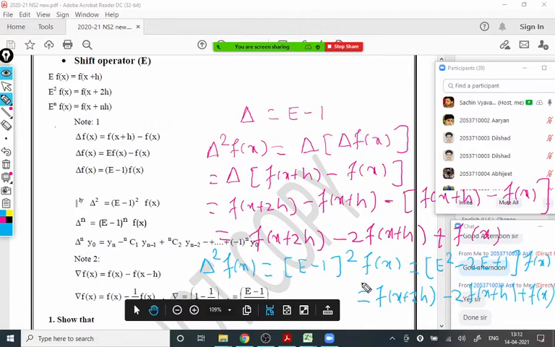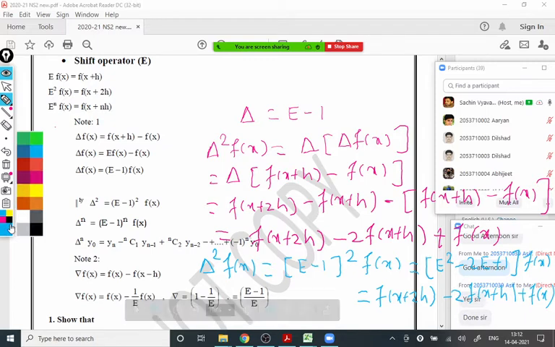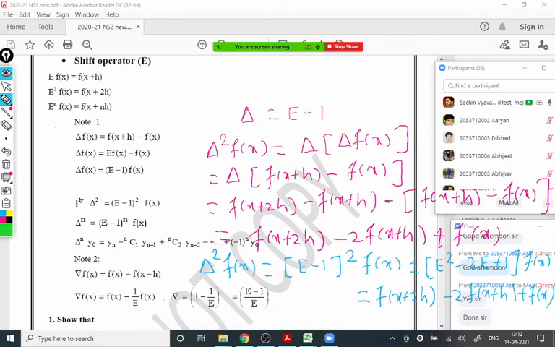I wanted to show you one more thing here because a few of the students have this problem that this can sometimes be written in y0 notation. Instead of f(x plus h), it is written in yn notation. So here, if we have delta square of y0, actually I will write it in the delta notation first. What is delta y0, anyone? What will be the value of delta y0? What is the next value to y0?